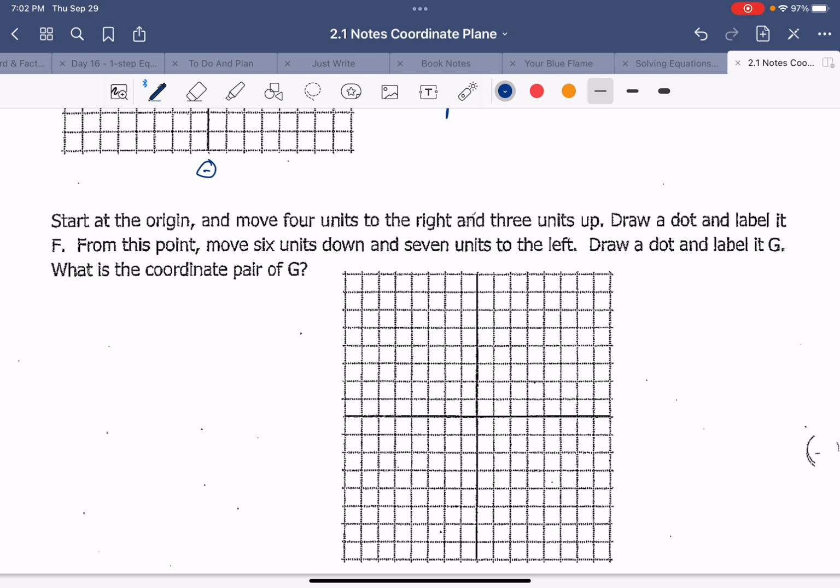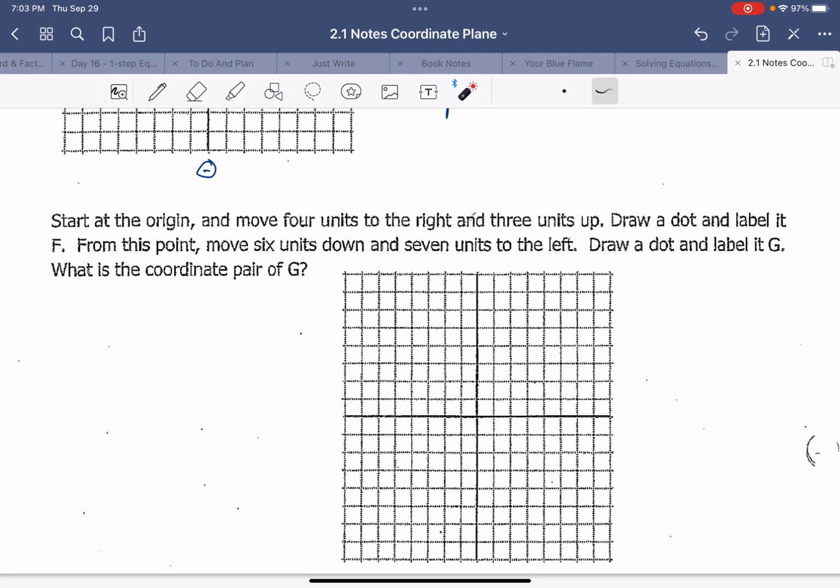And then I'll solve it. So start at the origin. I will give you a hint. Where's the origin? Right in the center where it's 0. Start at the origin and move 4 units to the right and 3 units up. Draw a dot and label it F.